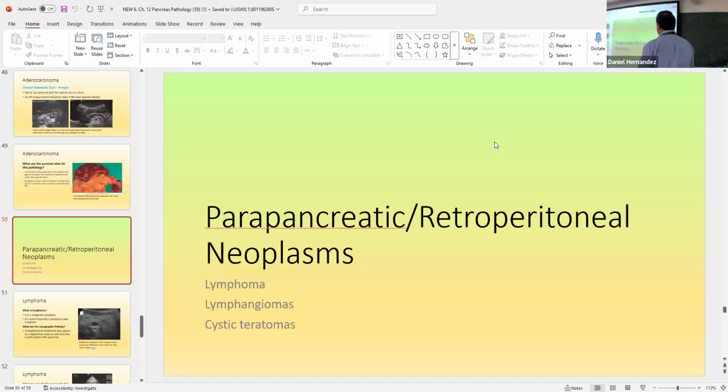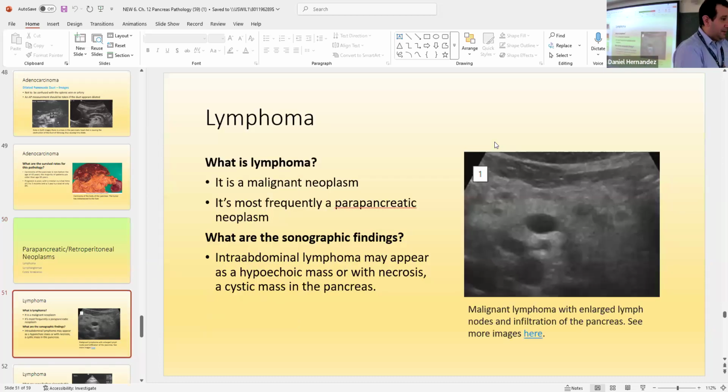Parapancreatic or retroperitoneal neoplasms. These are neoplasms or growths around the area of the pancreas or in the retroperitoneal spaces. Some additional cancers might manifest. Lymphoma, again, is a malignant neoplasm, most frequently a parapancreatic neoplasm.